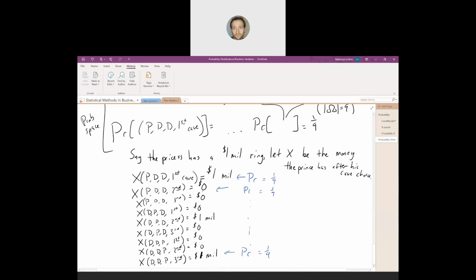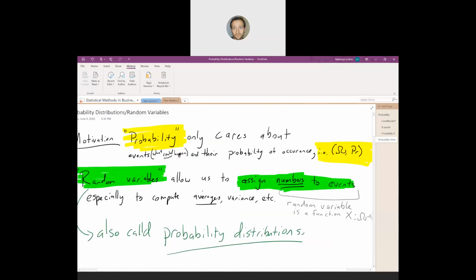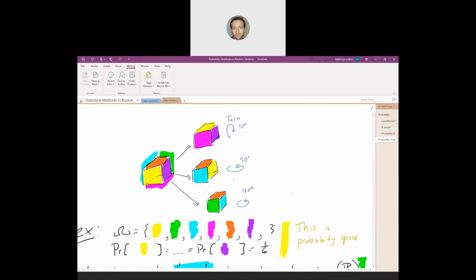So with the colors, the reason why I started with this example is because I wanted to make the transition easier. In this set, these are just events. They're not numbers. They can be any event that you want. In this case, the events are just colors.